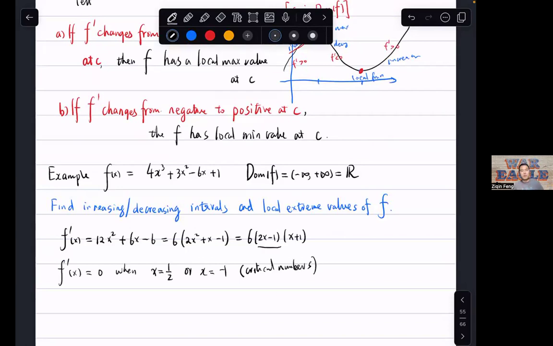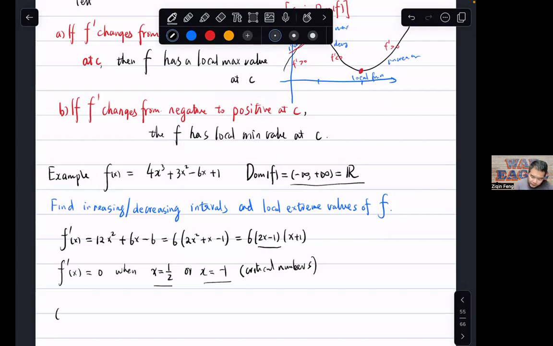We want to decide for each critical number whether you have a local maximum or local minimum, right? To do that, besides this point, you want to decide whether the function is increasing or decreasing. The domain is all real numbers. You have two separations, which means you have three subintervals.